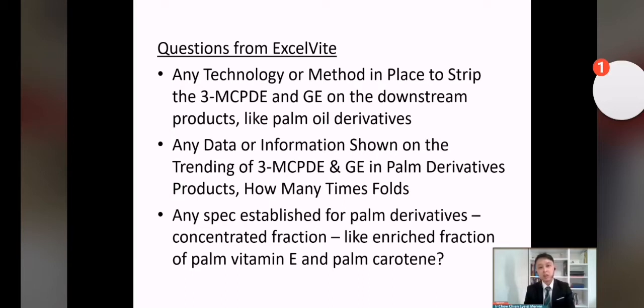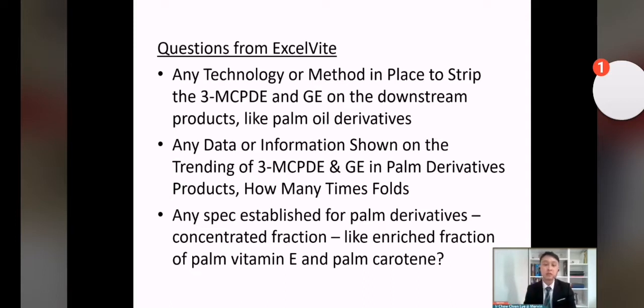Also on the third question, on the established specs for palm oil derivatives: if I understand correctly, these are meant for food products, which means end products.